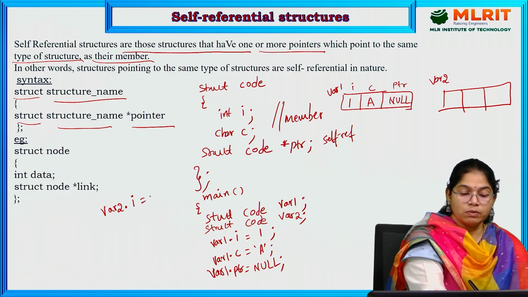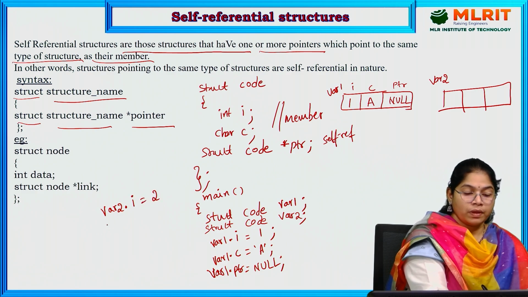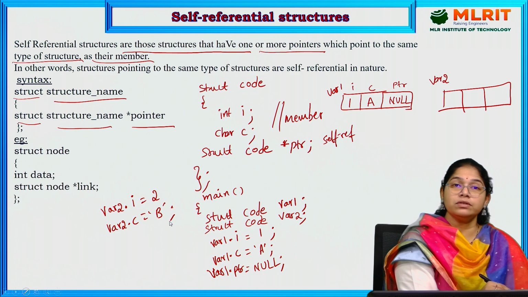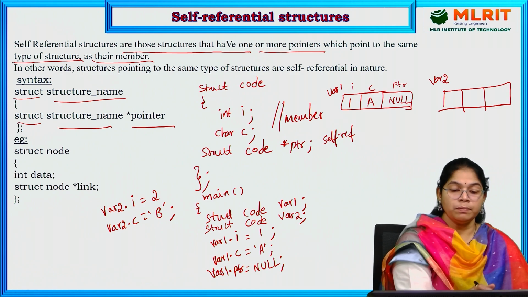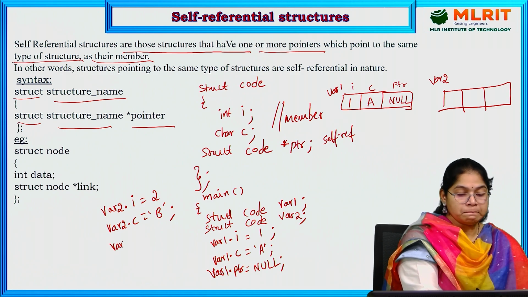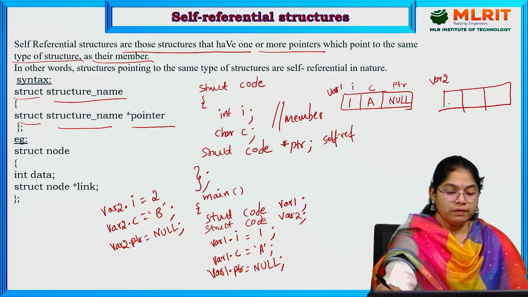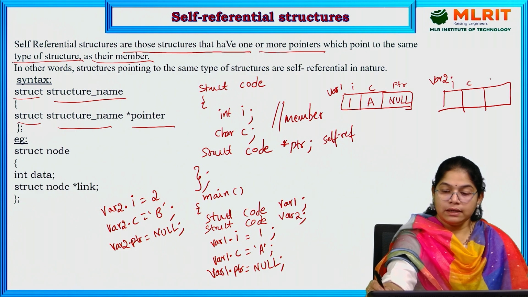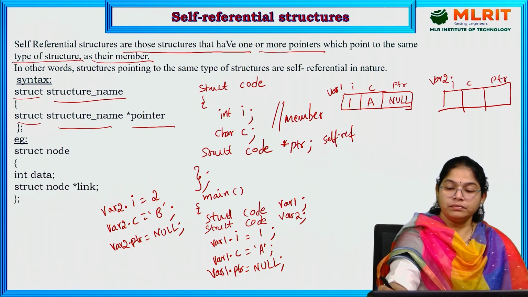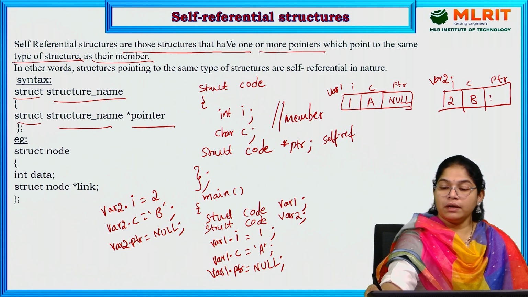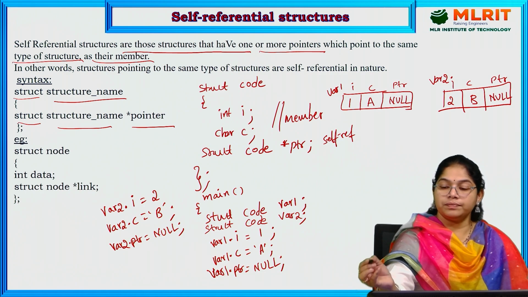So var2.i is equal to 2, var2.c is equal to 'B', a single character, so it must be enclosed in single quotation marks, then var2.ptr is again initialized to NULL. So here we have i as 2, c as B and ptr as NULL.